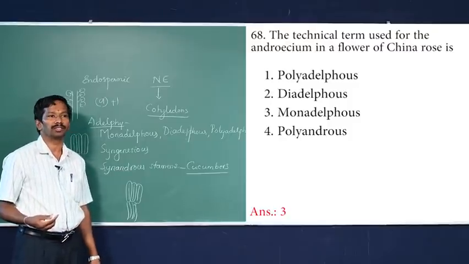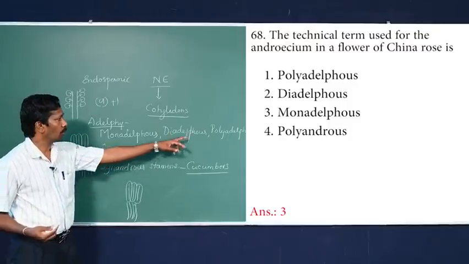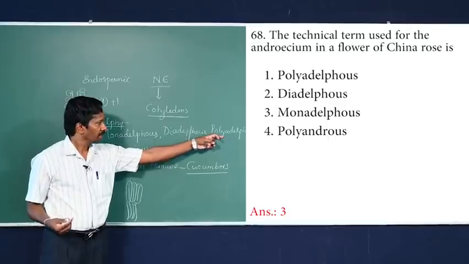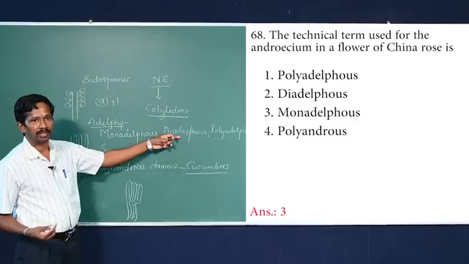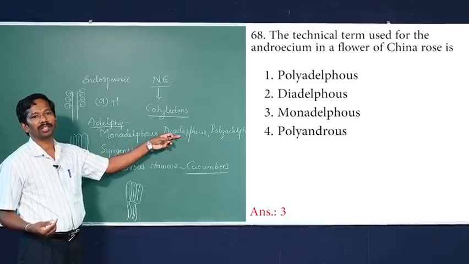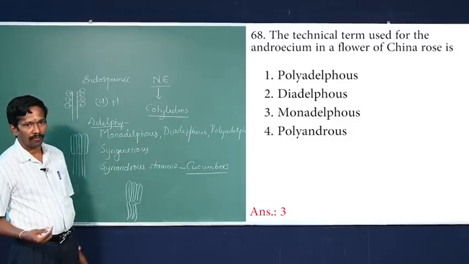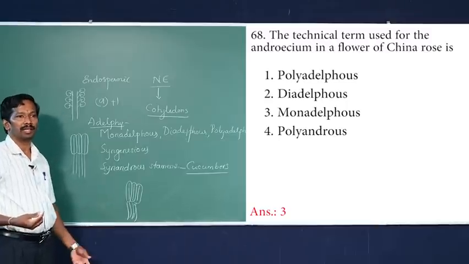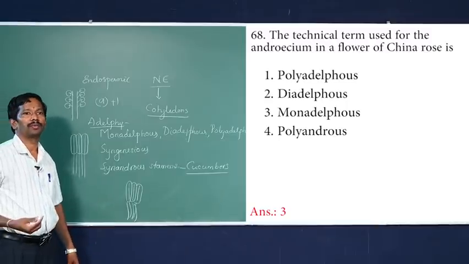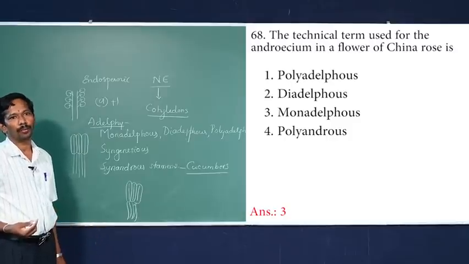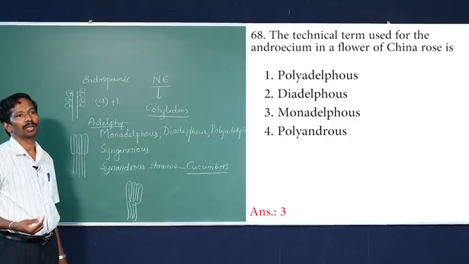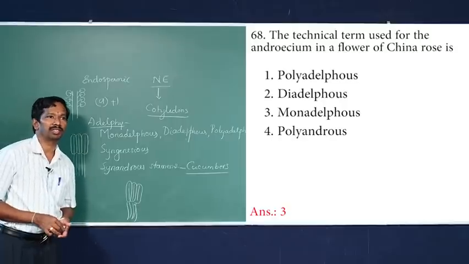Hence, answer is 3, comparable to polyadelphous stamen in the case of citrus, and diadelphous stamen in the case of pea plants. Polyandry is the condition where many different types of flowers are present, that is male flower, female flowers, as well as sterile flowers. If it is present, it is constituting polyandry. So option 3 for question number 68.